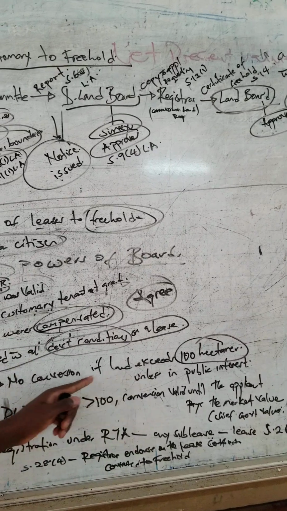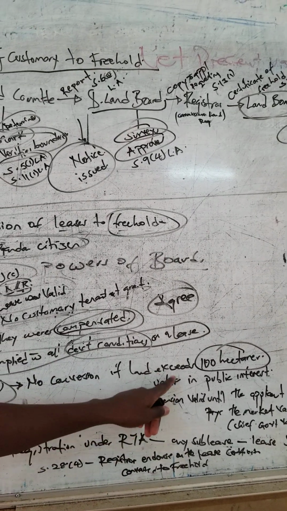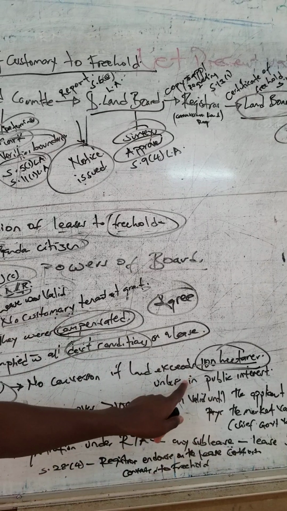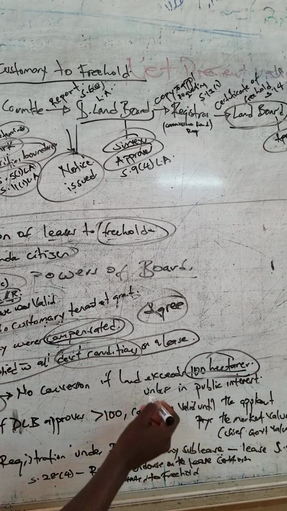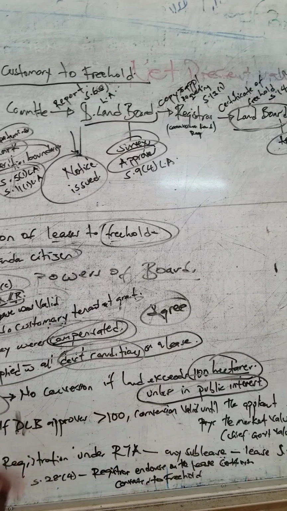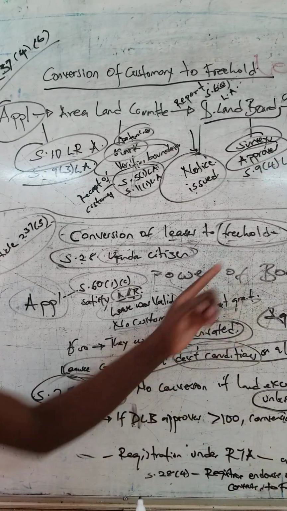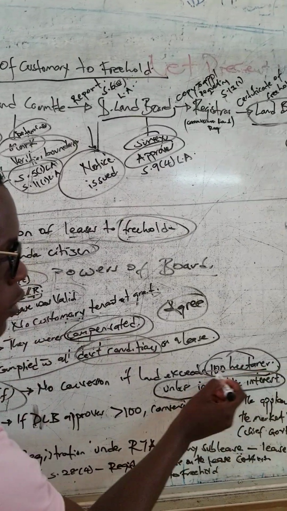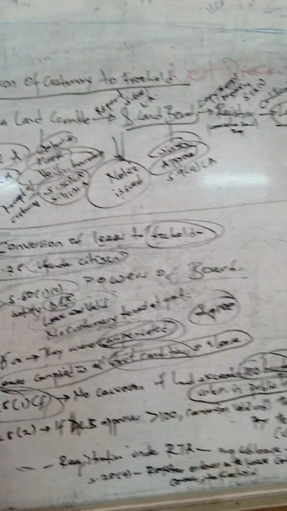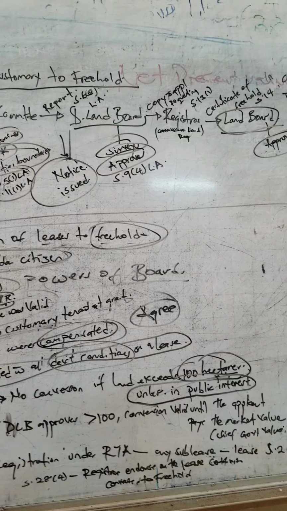They say that there cannot be a conversion if the land exceeds 100 hectares, unless it is in the public interest. So for you to convert that land into a freehold, it must not exceed 100 hectares unless it is in the public interest. What do they mean by public interest?